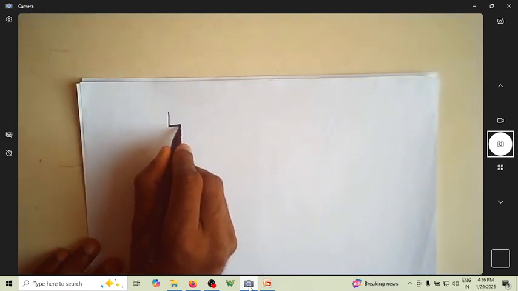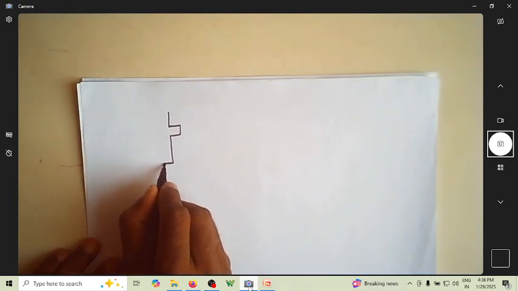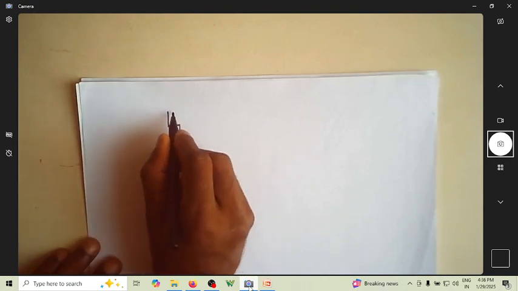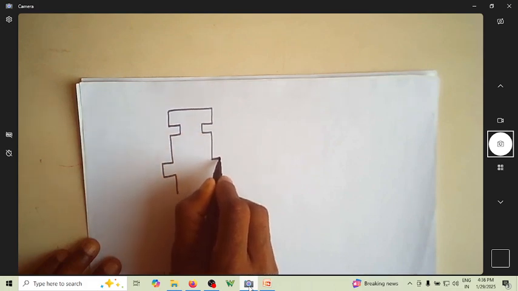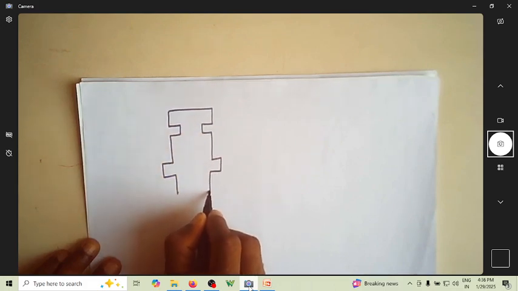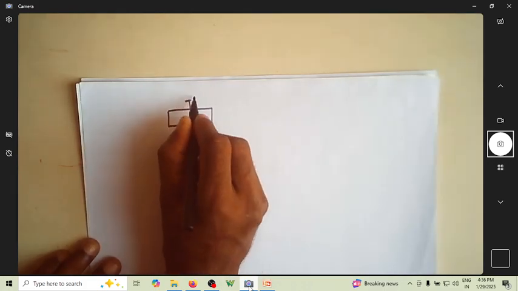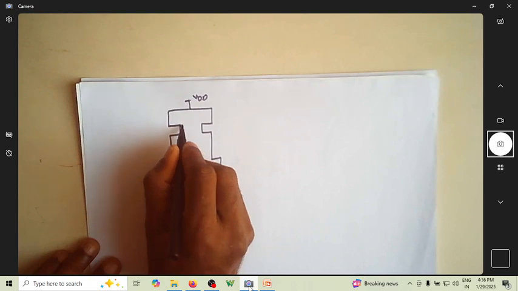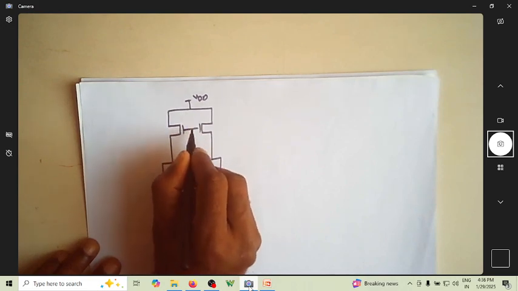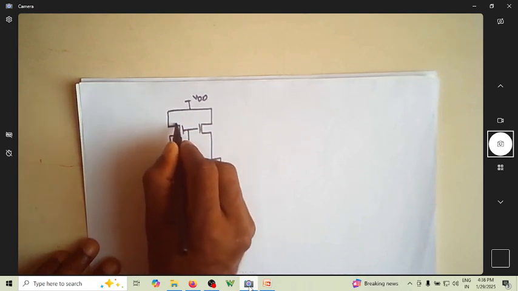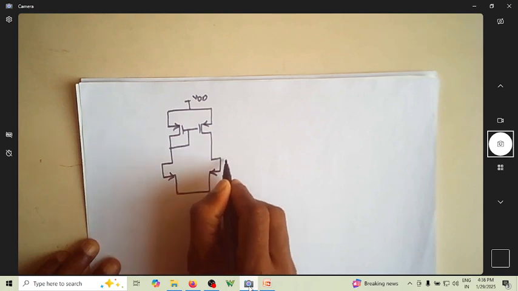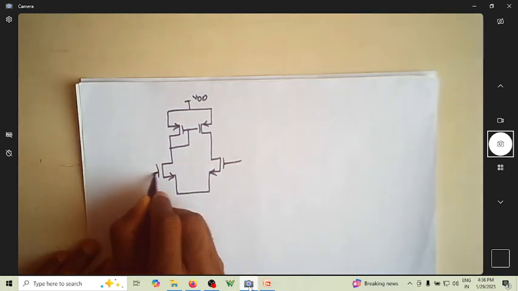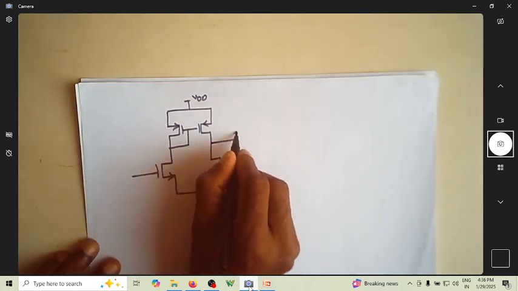So this is how it starts. This is VDD here. This is how it goes. This is PMOS, this is also PMOS, this is NMOS, this is NMOS. These are two inputs. The output is measured here.